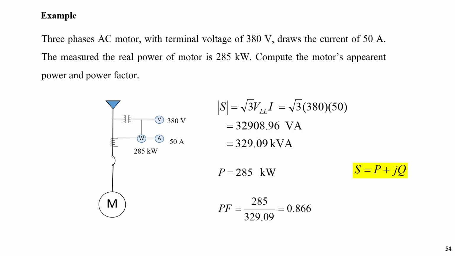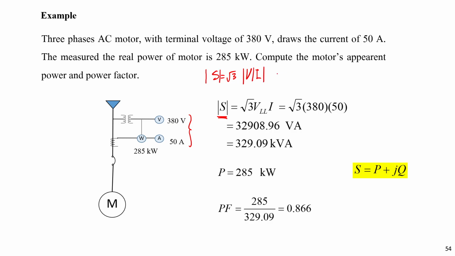With this voltage and current, we can calculate the apparent power by square root 3 into V and I. S is root 3 VI. But with this formula, we get only the magnitude.